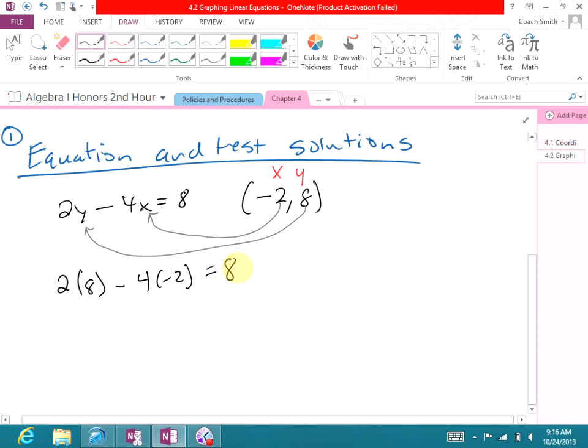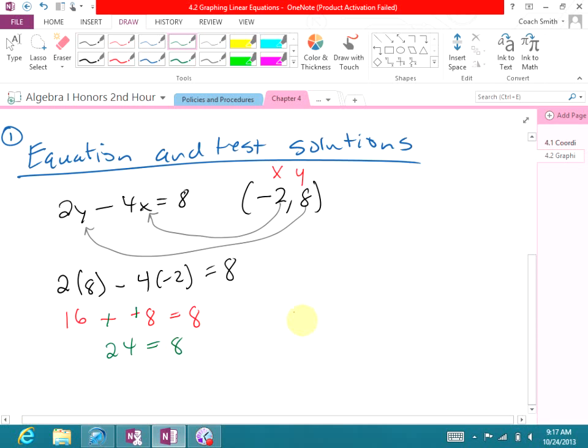And what we have to do is finish it out. We have to multiply 2 times 8. Well, 2 times 8 is 16. Minus 4 times -2 is -8 equal 8. Well, now I have to go plus. And 16 plus 8 is 24. Is 24 equal to 8? Well, obviously not.